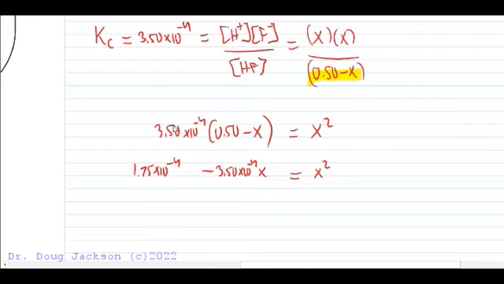So we distributed through this constant, 3.50 times 10 to the minus 4 times 0.5. That's where this comes from. Same number times minus X, and that's what we get here. All right, so we're all here.